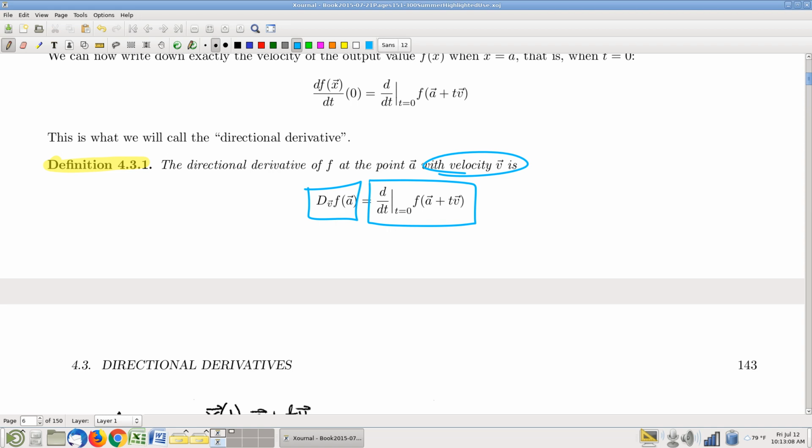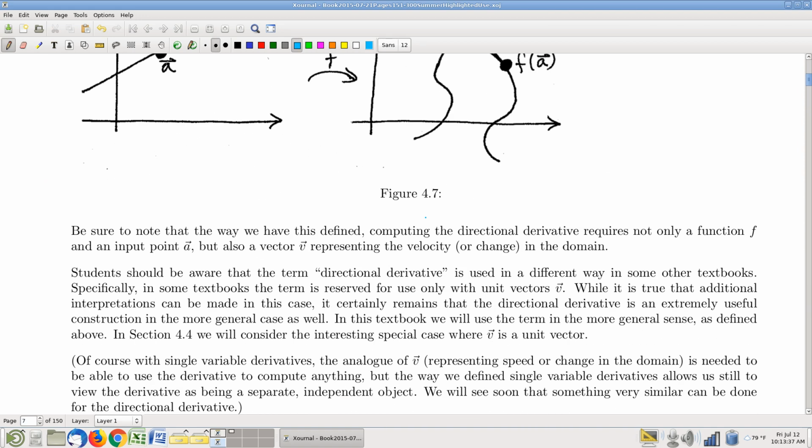But we're going to retain what I think is the very natural definition, where this velocity vector can be anything at all. And by the way, I think in higher levels of math, this is what everybody does. And this restriction to unit vectors, I've only seen it in lower math contexts. Okay, anyway. All right, enough said on that.